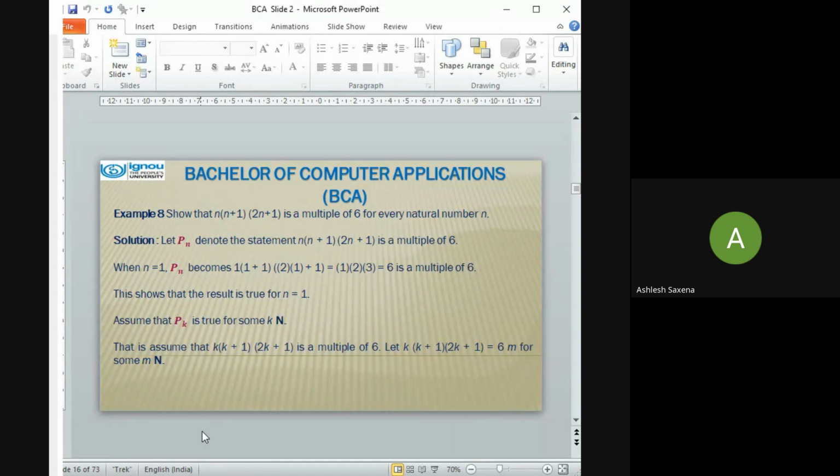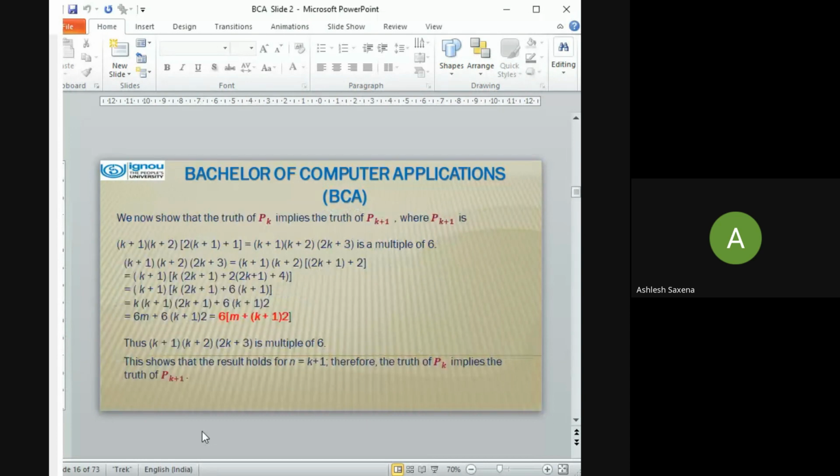Is that correct? Replace it by k. You will get k into k plus 1 into 2k plus 1 is a multiple of 6. After that, k by k plus 1 has to be replaced. Now see how it has been replaced and what we will be doing.